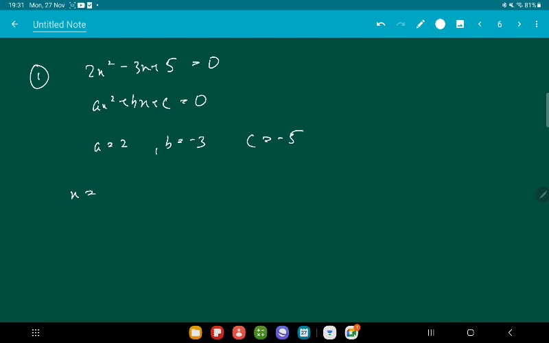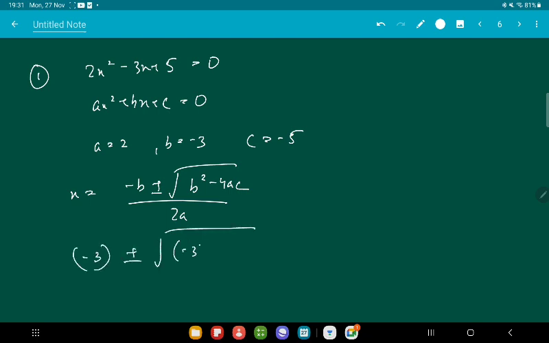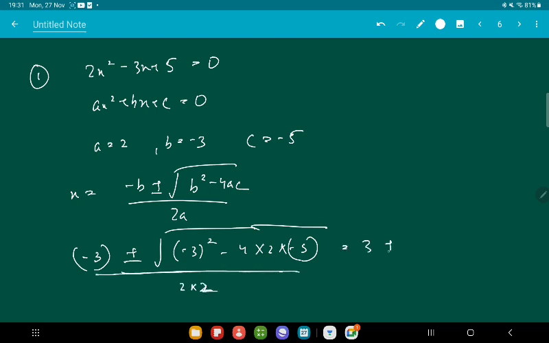So we're using the Sridharacharya method: minus b plus minus under root b square minus 4ac upon 2a. Minus of minus 3 plus minus under root minus 3 square minus 4ac. This is how you would solve it, 2 into 2, right? 3 plus minus under root 9 plus 40 by 4.